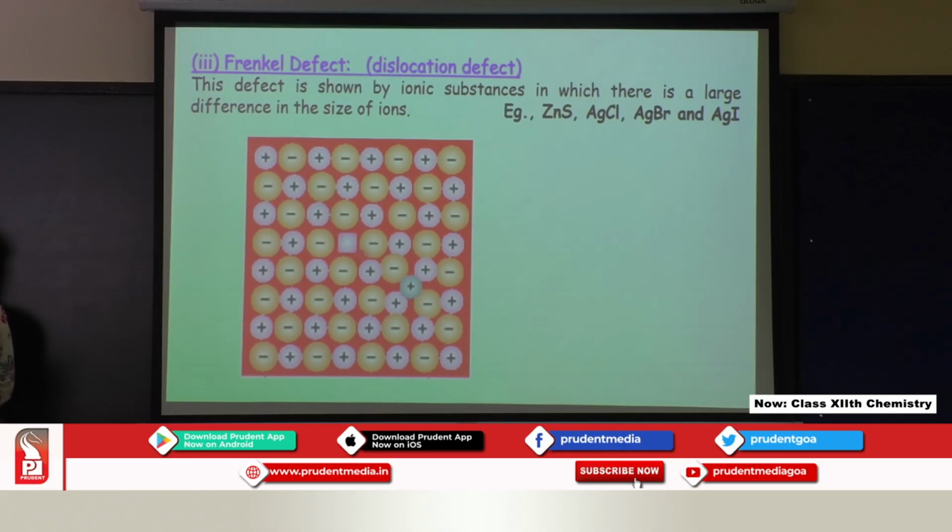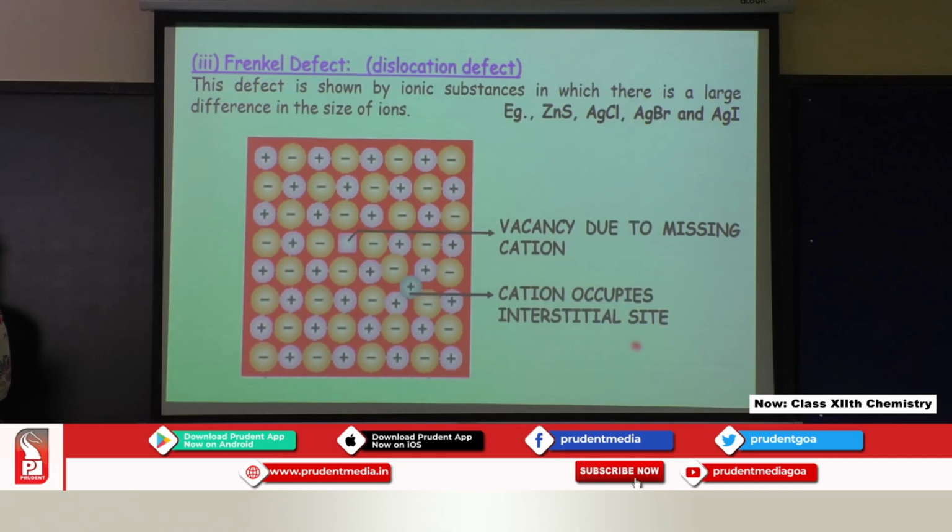But if you notice, there is one cation which has moved out from its original position and it occupies an interstitial site. We have here a vacancy due to the missing cation, and the cation occupies an interstitial site.